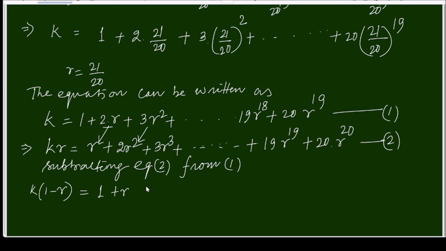Similarly 3r minus 2r will give us again r², not 2r², it will be r². Then r³, and so on. Here it will be r^19, and this will be left as negative 20 r^20.